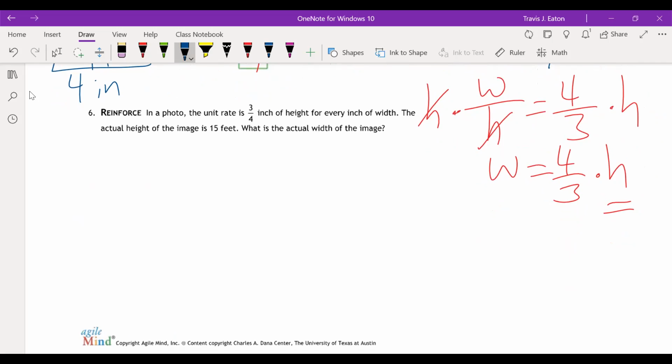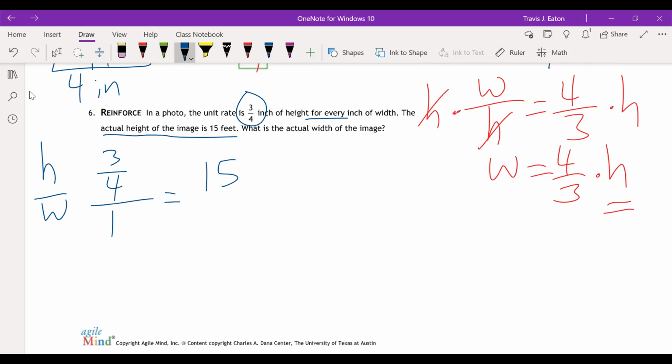If we're setting this up properly, we're comparing the height to the width. And this says there's 3/4 of an inch of height per inch of width. If the actual height is 15, where does the height go? The height is on the top. If the height is 15, what's the width? That's what we want to know.